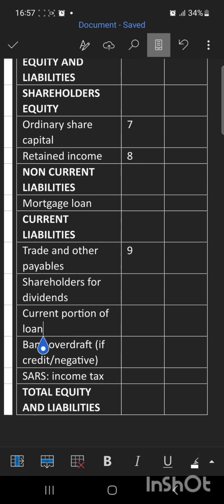So you're going to take 120,000 from the trial balance, you add 30,000 of the interest, and then you subtract 50,000 of the portion of the loan which will be paid in the next year. And then all in all, the balance of your non-current liability will be 100,000.